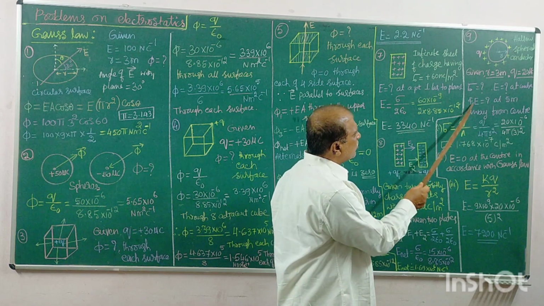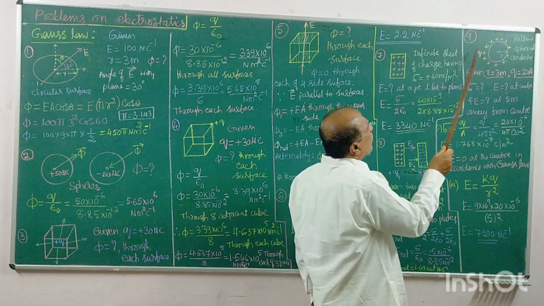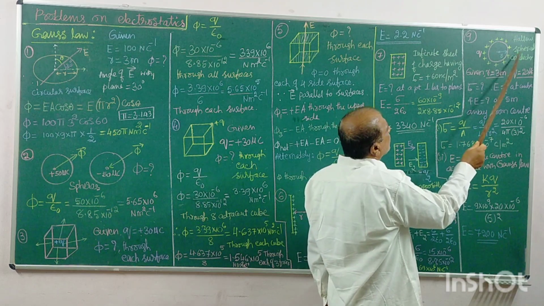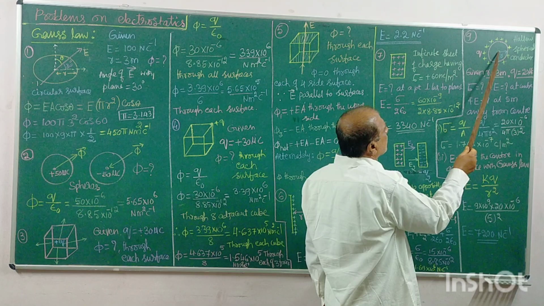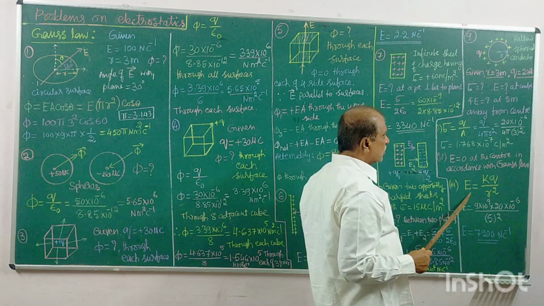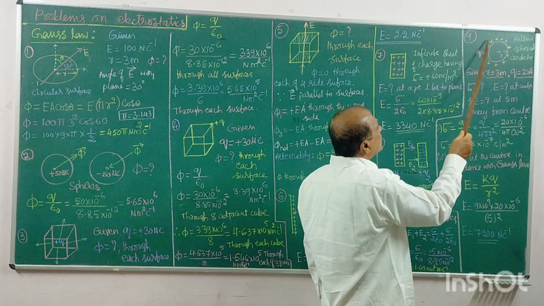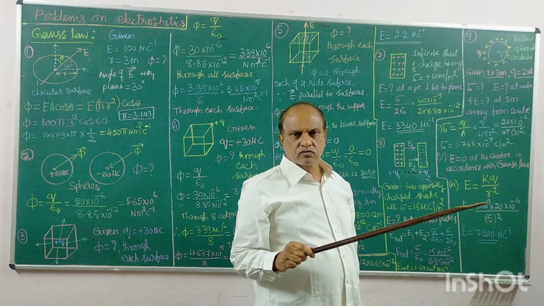We need to calculate one more. What is the electric field at any point in the space, about 5 meters away from the center? Recall the formula and the derivation for that. In that case, this sphere of charges acts like a point charge.